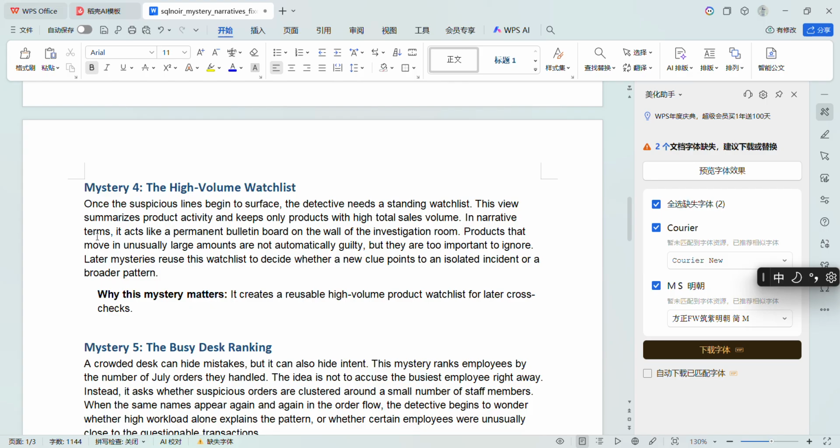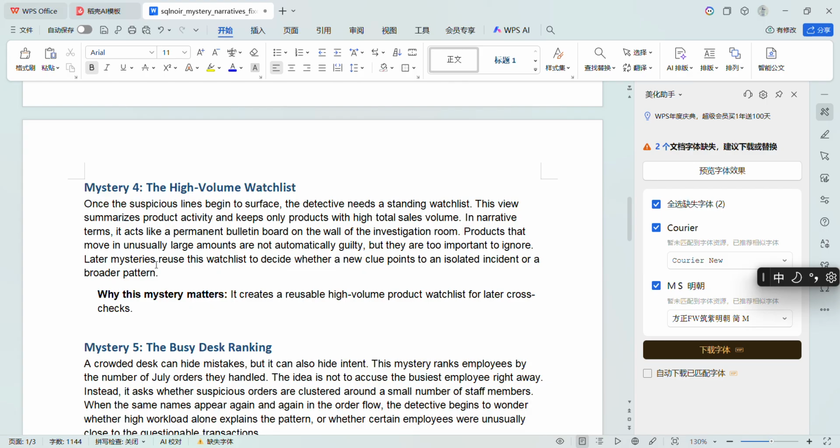In narrative terms, it acts like a permanent blue ink board on the wall of the investigation room. Products that move in unusually large amounts are not automatically guilty, but they are too important to ignore.